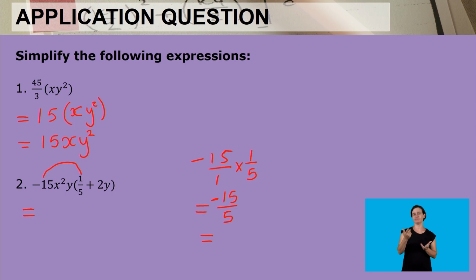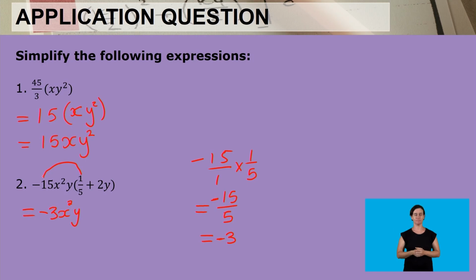Yes, we get 3 of them, and we know because we are dividing a negative number by a positive number, our answer is going to be negative. So we know that negative 15 multiplied by 1/5 will result in a negative 3. Then, of course, because the 1/5 does not have any variables, then we are just going to write these variables as they are. Let's move on to the second term of the binomial.